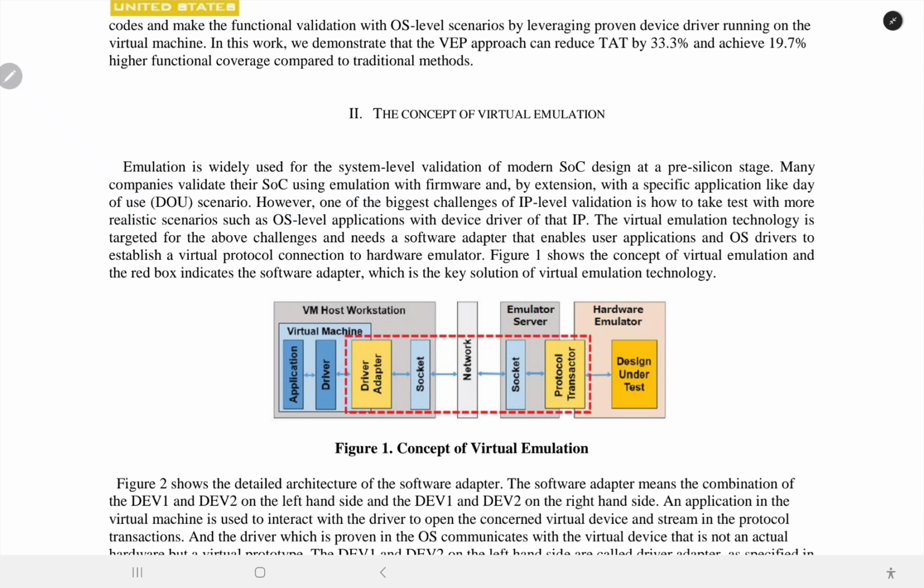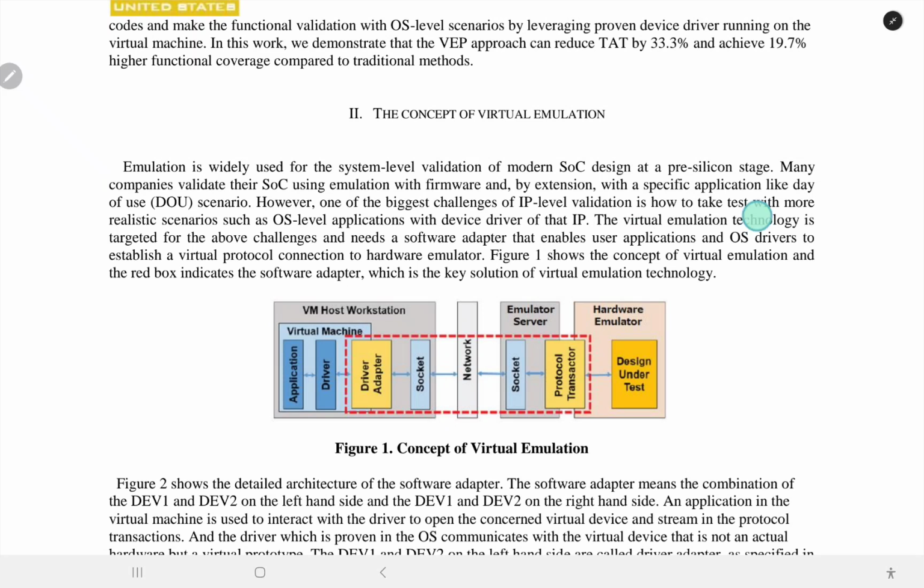However, one of the biggest challenges of the IP level validation is how to run tests with more realistic scenarios such as OS level application with the device driver over that IP.